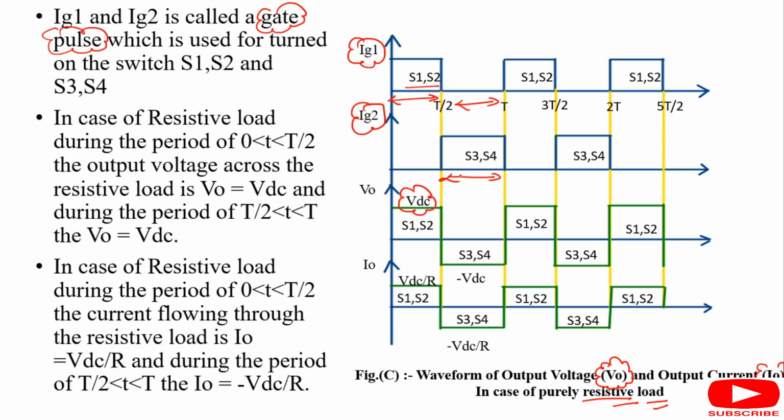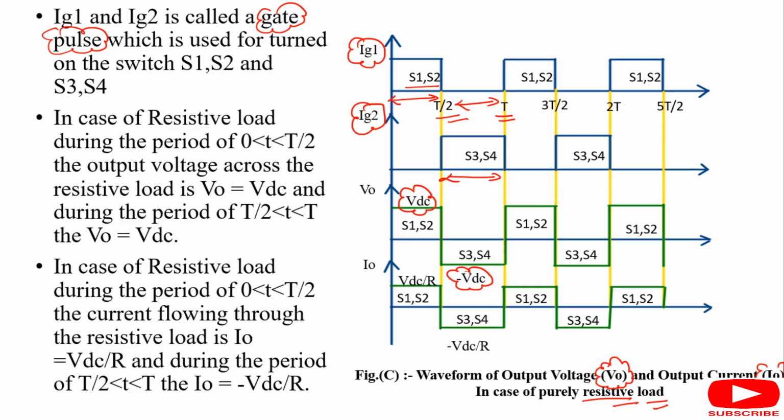For the time period of T by 2 to T, during the switching operation of S3 and S4, the magnitude of the output voltage is minus VDC.